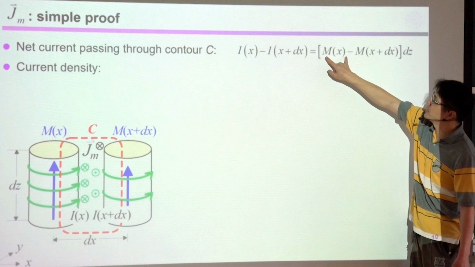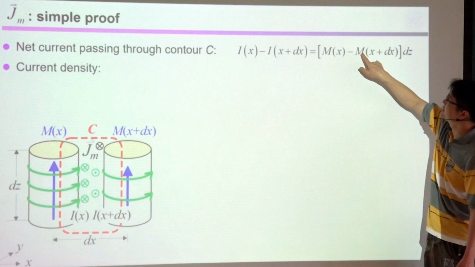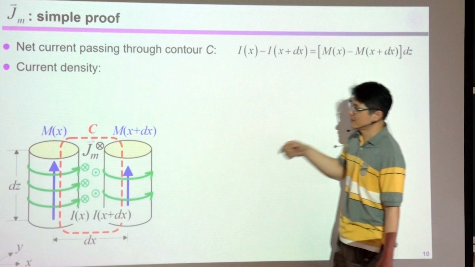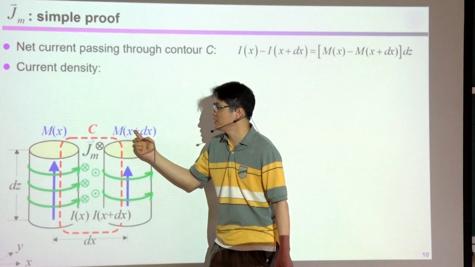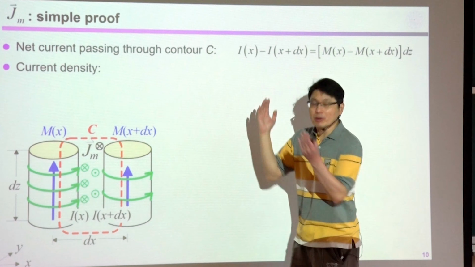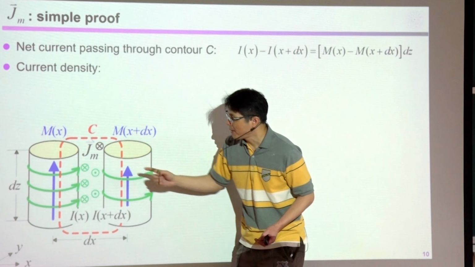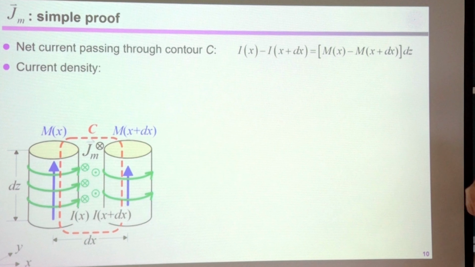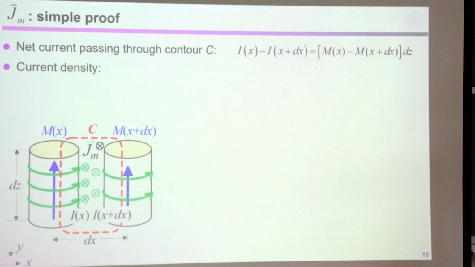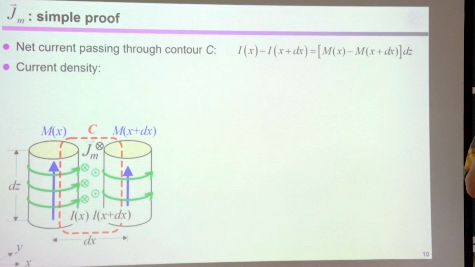So all I have to do is M of x minus M of x plus dx. I'm evaluating the magnetization vector here and here. The difference multiplied by what? By this dz. By dz. That is equal to the net current, right?